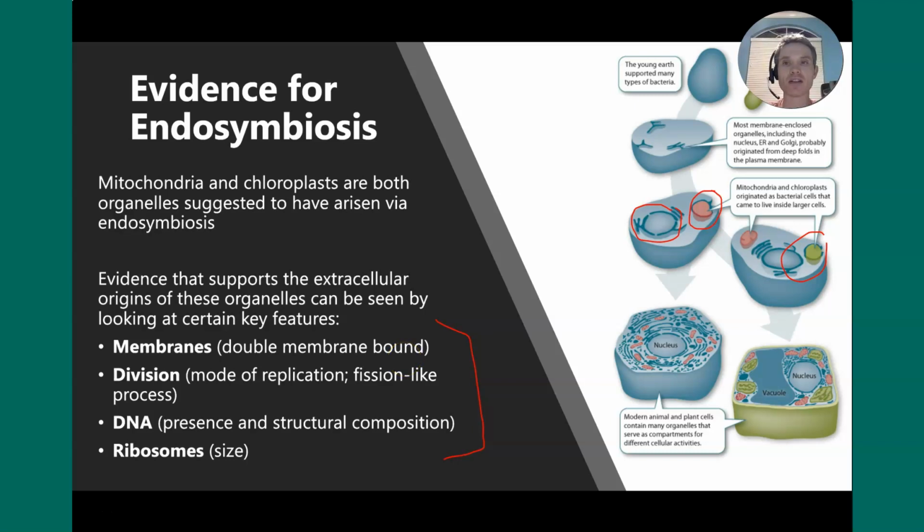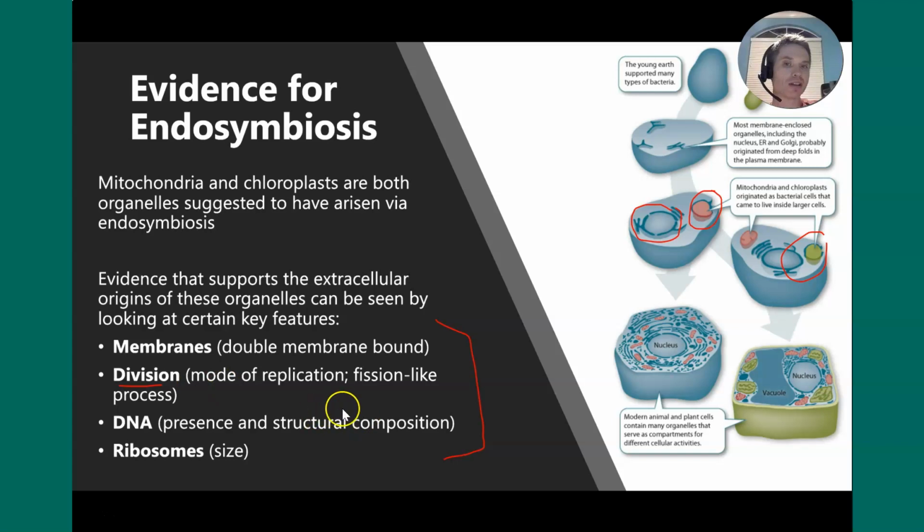The first piece of evidence to support the endosymbiosis model is the presence of a double membrane on our mitochondria and on the chloroplast. It is believed that this second membrane appeared through the process of endocytosis.